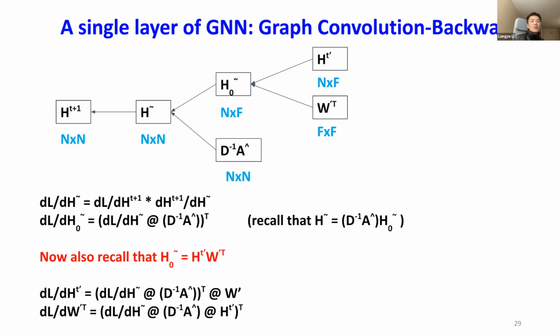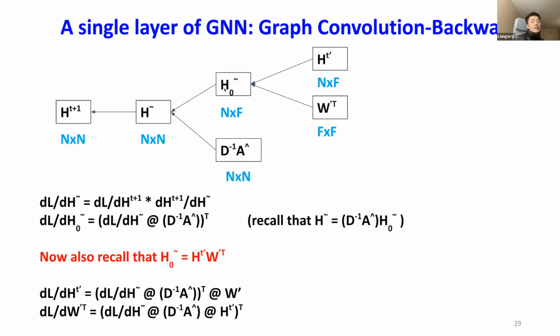and we use the second lemma that we defined before, right? So remember that h tilde is the result of multiplying these two matrices. We just use the second lemma, which is used to define the derivative with respect to the second component of a matrix multiplication from just now, right?